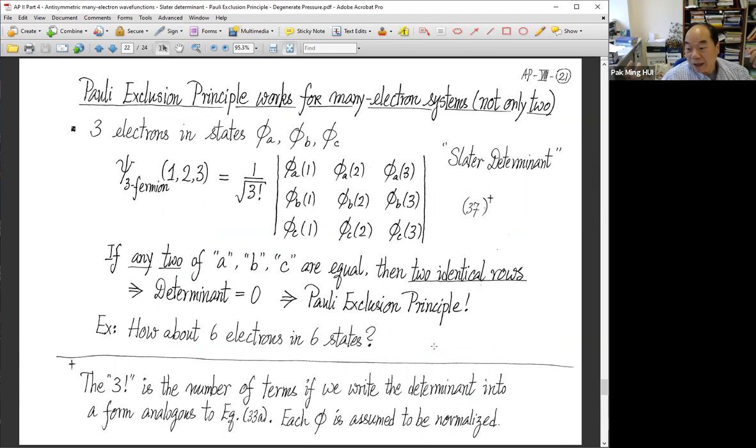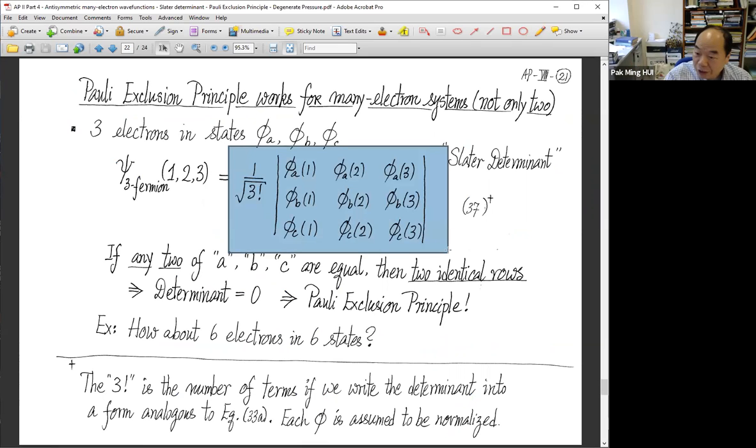You may wonder, is it general? Now, again, I use the 3 electron situation. We know how to write it down in 3 different states, A, B, C. Now you can play the game again.